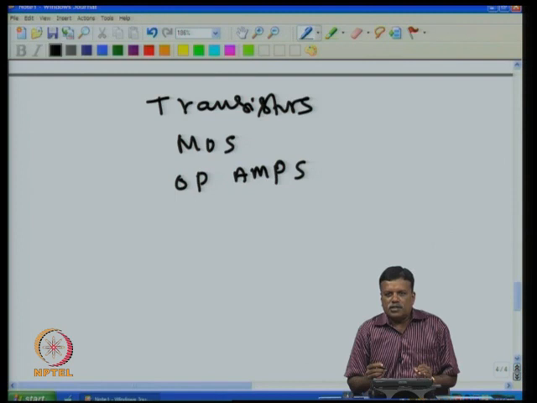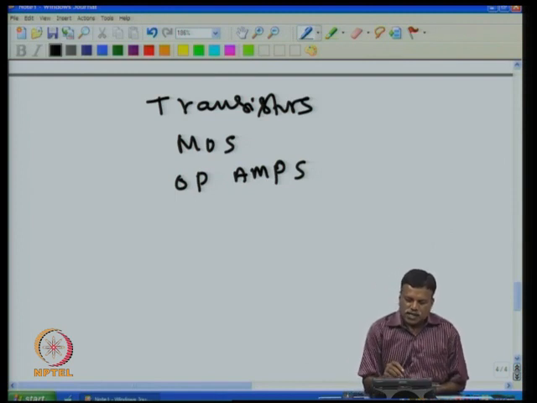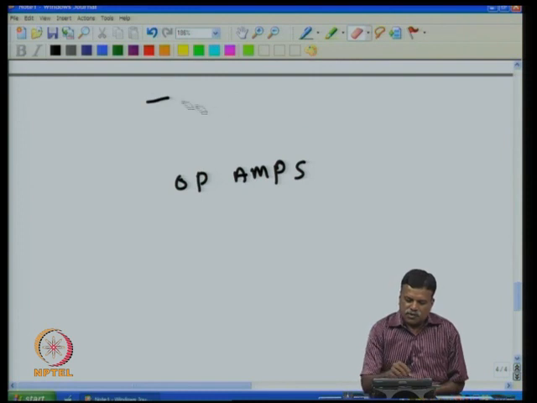So effectively we should learn the rules associated with transistors, MOS switches, op amps, resistors, capacitors, inductors and so on, so that we will be able to perform the given job accurately. That means there are various skills to be learned.